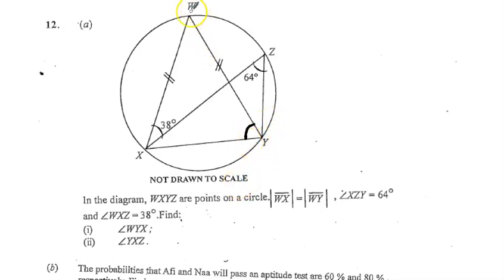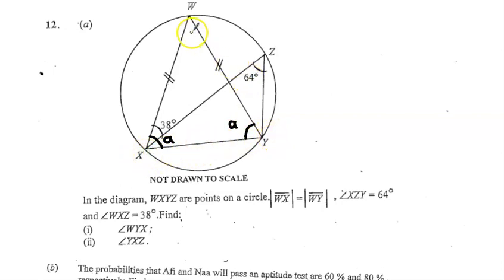Now let's consider triangle WXY. Two sides are equal. WX is equal to WY, which means that the base angles are also equal. So let's represent this base angle as A. So this whole angle will also be A. Now let's look at the segment XY.